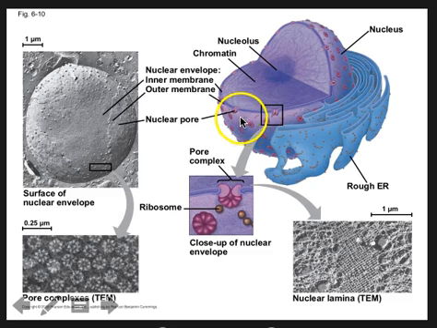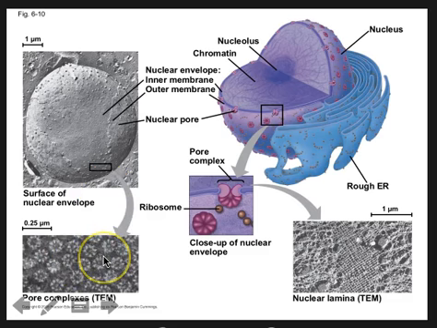The other thing, we'll see tiny little ribosomes studded onto the exterior surface or attached to the exterior surface of the nuclear envelope. Keep in mind we're going to come back and we're going to look at this nuclear lamina as well. This is a surface or scanning electron micrograph of the nuclear envelope.